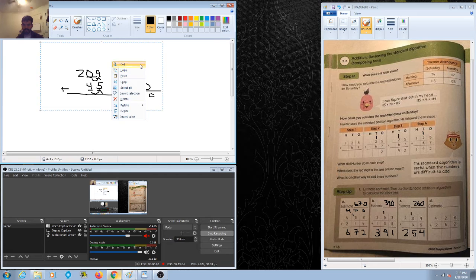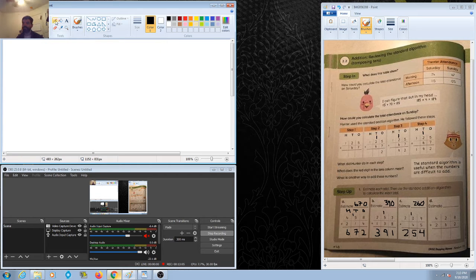Let's look at the last question here. So letter D is going to be 428 and 262. 428, we look at that 2, we go to the right. It's going to round up to 430.